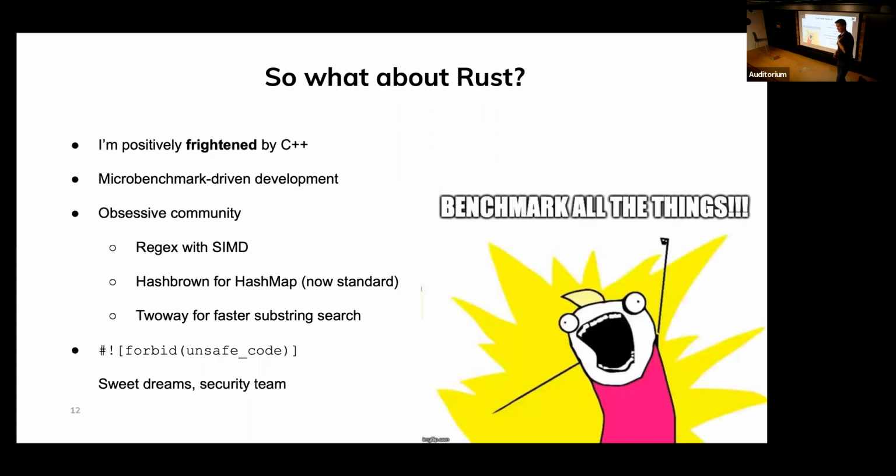Well, one thing is that I'm positively frightened of C++. And I actually feel that any sane person should be. It's really easy, for me anyway, I don't pretend to be an amazing coder, to forget, as you were passing this bit of memory from somewhere to somewhere, and especially when you start working with bits and pieces of strings that you don't want to copy because copying is expensive.